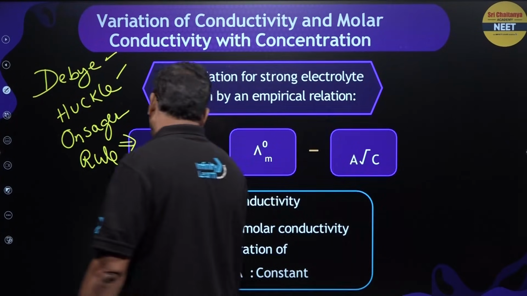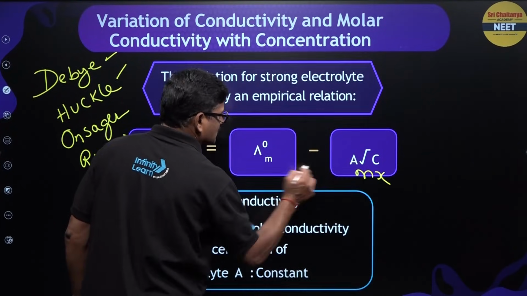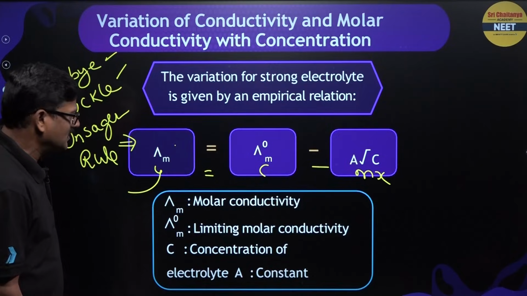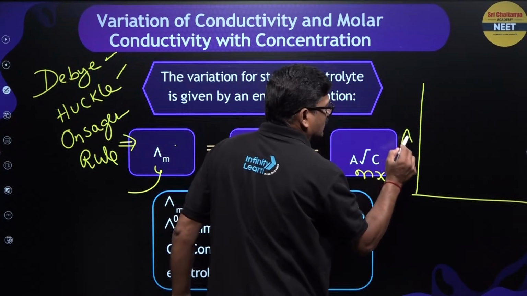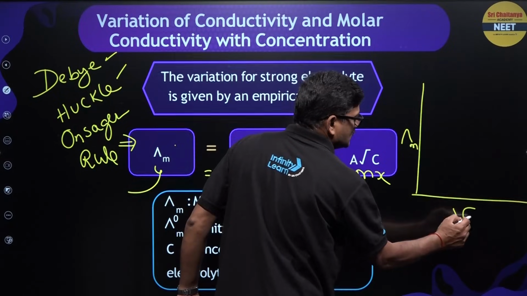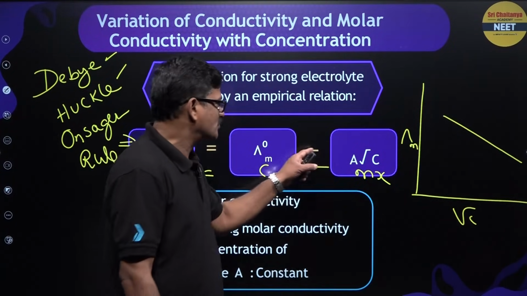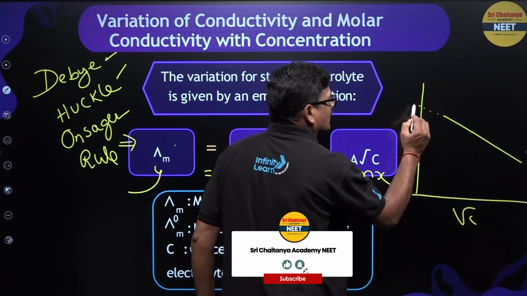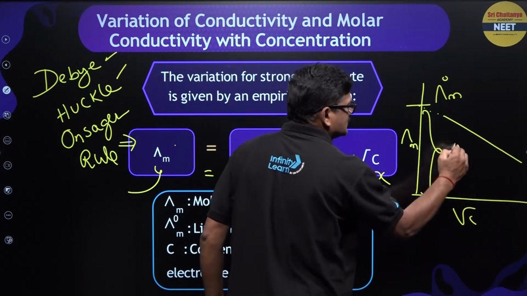So, this looks like y equals mx plus c. If you take molar conductance and root concentration, you are going to get a straight line with a negative slope, because of the negative sign, and the intercept is going to be the limiting molar conductance, and the slope is A.